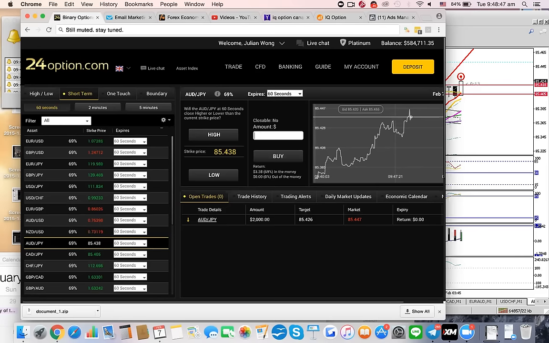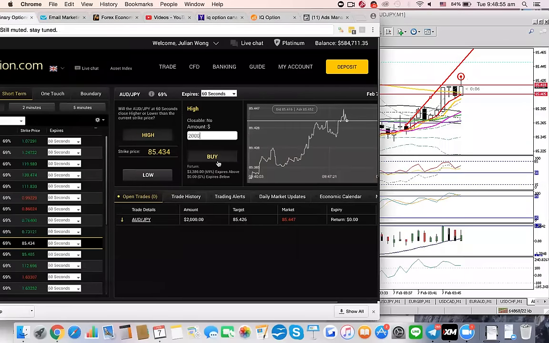Yeah, it's clearly messing with us. Wait for the close above or beneath. Straddle this one. Because of the way it's going, I'm not going to even try to do a trend follow. I'm going to do a breakout, a straddle. I'm going to straddle and see which way it breaks out. I'll follow it.